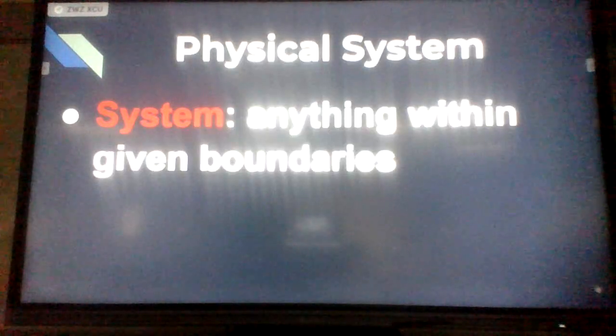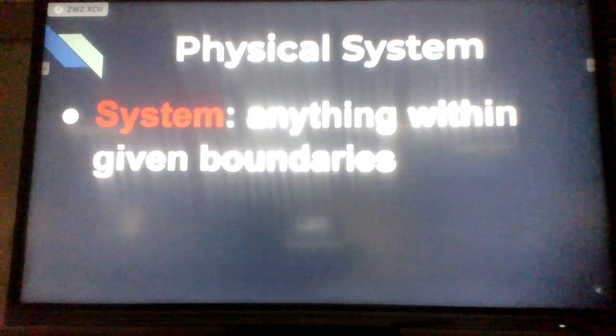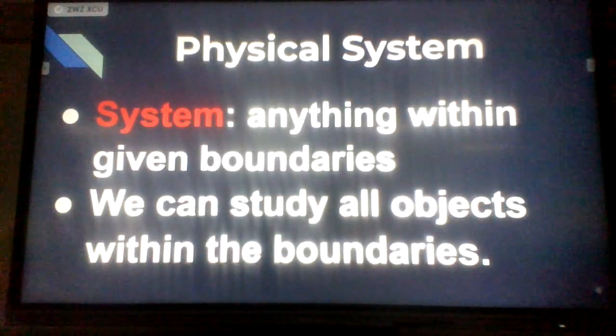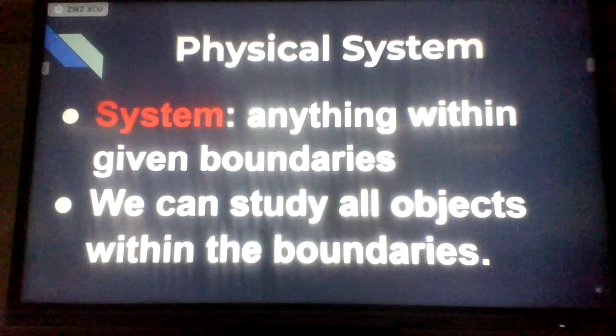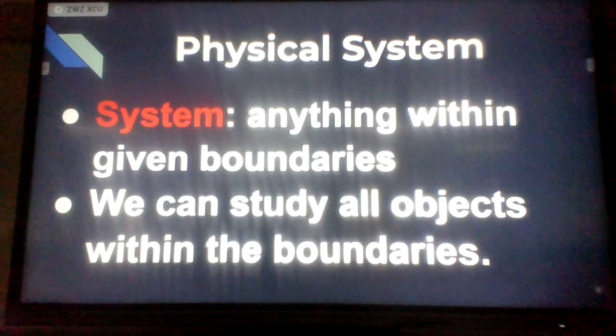So the system is anything within a given boundary, and we get to set that boundary ourselves, and then we can study all objects or sounds or types of energy that fall within those boundaries. And then we can use that information for whatever purpose we need. The system is anything within the boundaries, and we get to set the boundaries, and we can study anything that comes within those boundaries. Ready?